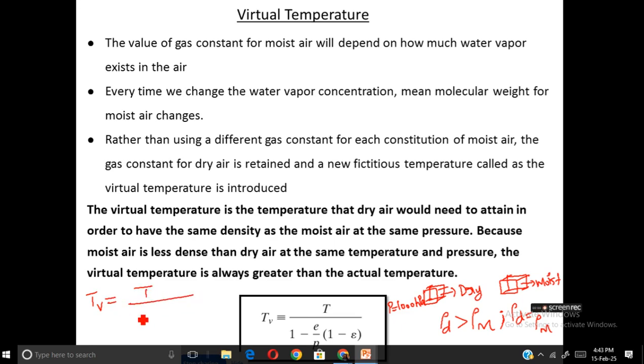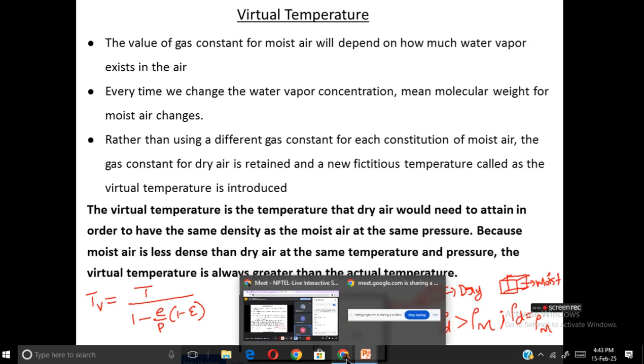So T is the actual temperature and TV is the virtual temperature.